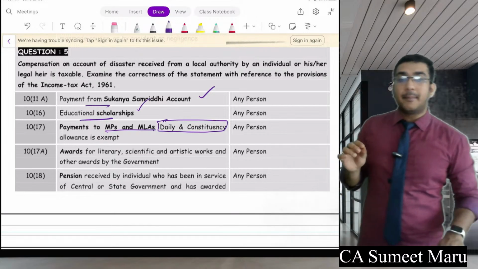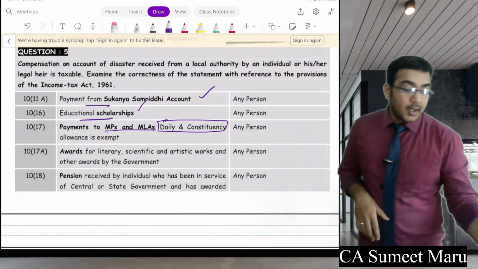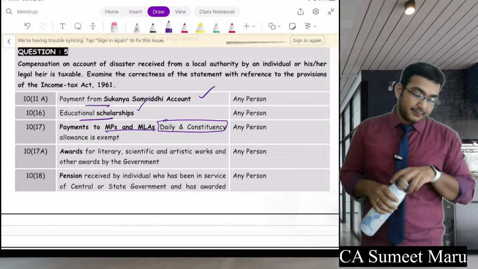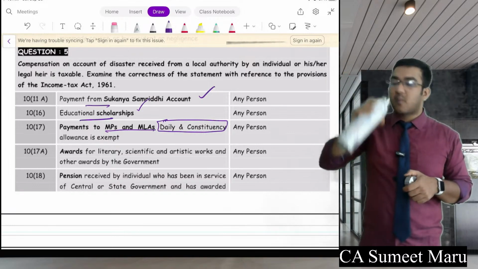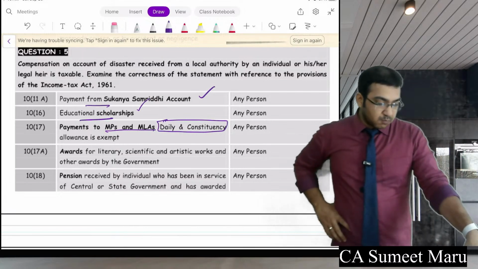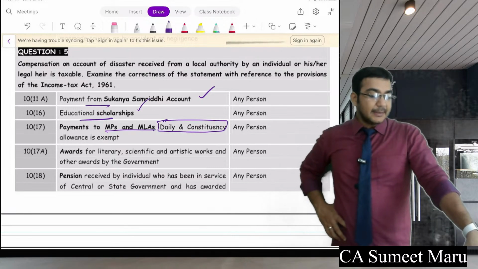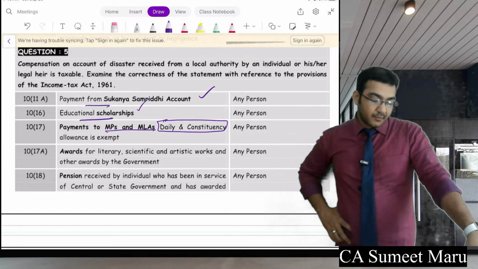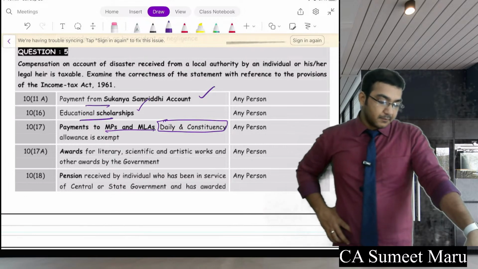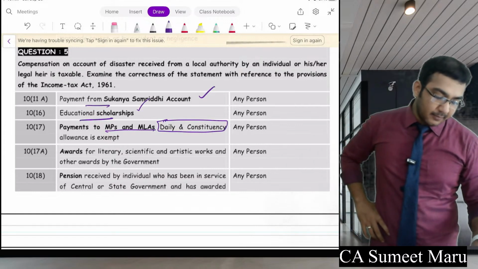In case of MPs and MLAs, their salary is taxable not in the salary head, but where? Can you tell me? Where is the MPs', MLAs' salary taxable? In which head? Come on, everyone, tell me in which head the salary of MPs, MLAs is taxable?